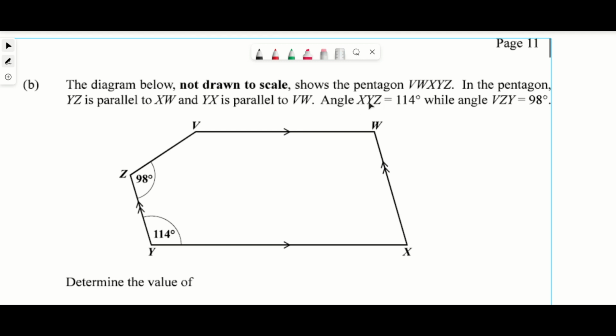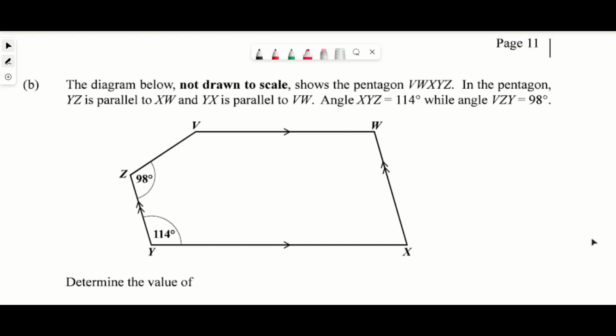Now, when they have these three letters like this, they're actually talking about the middle letter. That is where your angle is at. So the angle 114 is at Y. Angle VZY, we're going to look at Y, is 98. That's this angle right here.